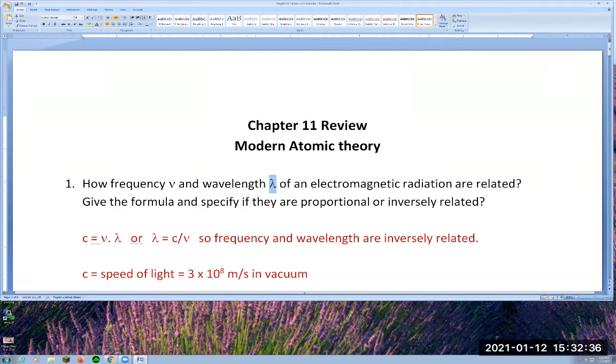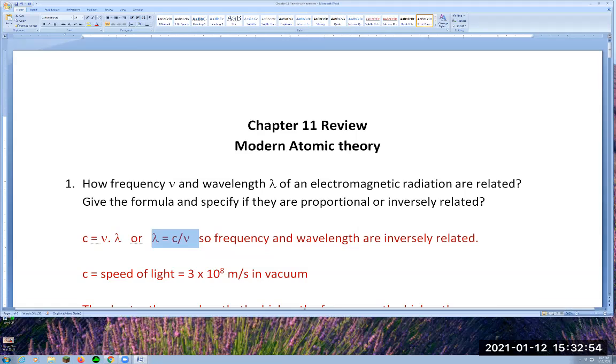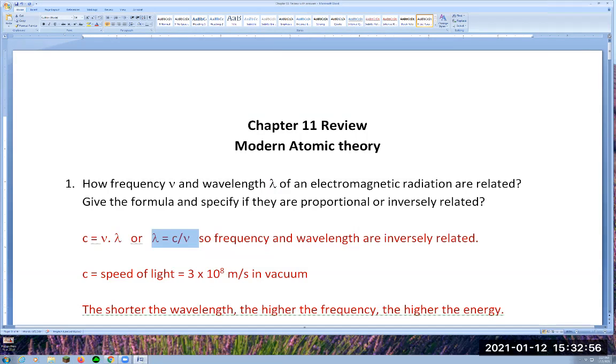If you rewrite this, lambda is equal to c over nu. So you can see from this second equation that lambda and nu are inversely related, because lambda is in the numerator and nu is in the denominator, which means that when you are decreasing the wavelength, you're increasing the frequency.